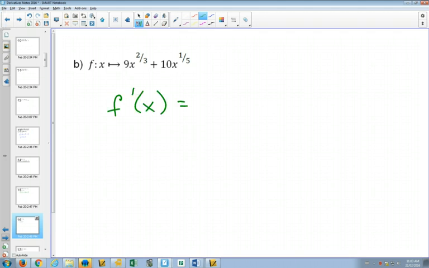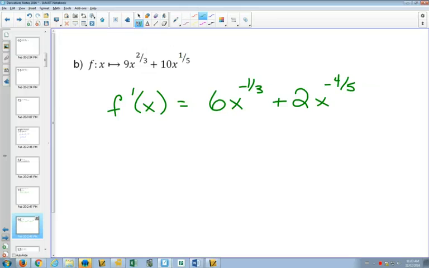the derivative will equal, the notation here is just a different way of writing function notation. The derivative, you bring the 2/3 out in front. What happens when we multiply 9 by 2/3? We get 6. Subtract 1 will get us negative 1/3. What happens when we multiply 10 by 1/5? We get 2. Subtract 1.